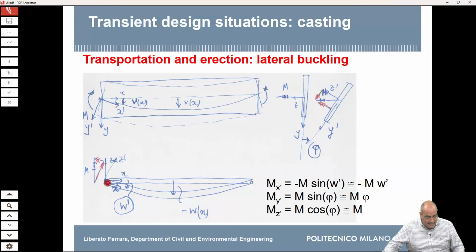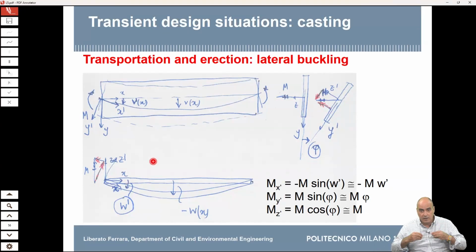You see that x prime is going in this direction. The moment is going in the other direction, so you have to put a minus. M, and it is the sine of this angle. And this angle is the rotation angle, so it's the first derivative of the deflection in that direction.